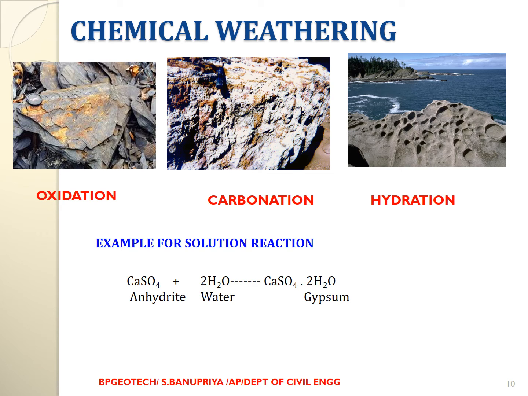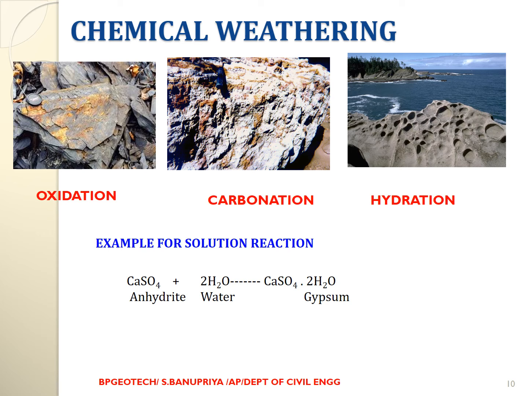If those minerals or chemicals react with water or moisture or any chemicals present on the earth's surface, the rock will change from its original form to another form. The new formation causes the rock to disintegrate into smaller pieces.